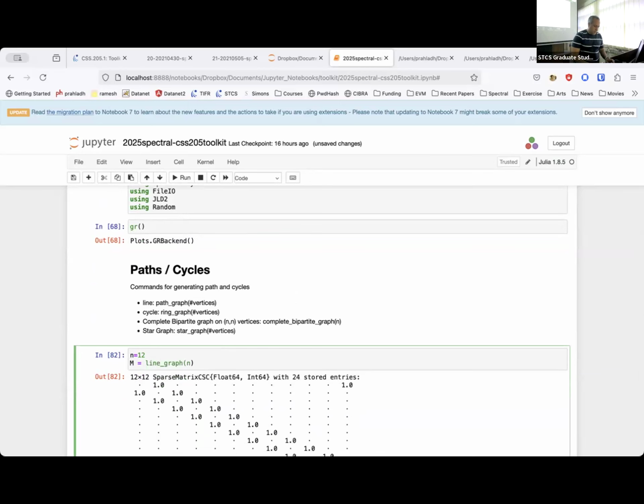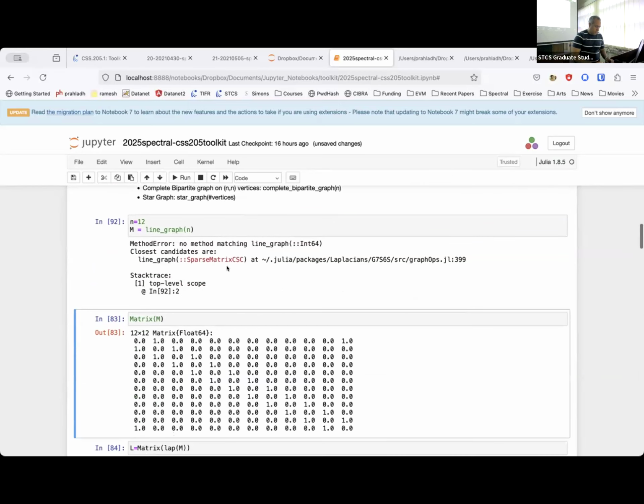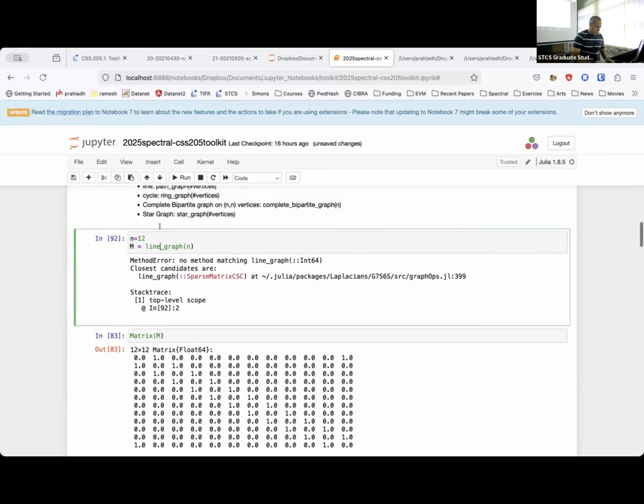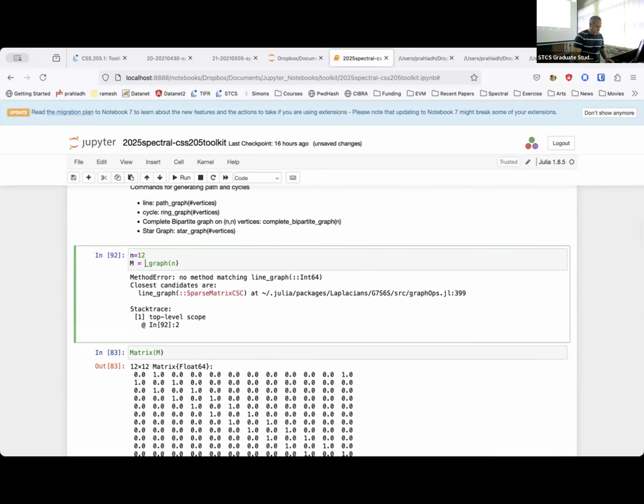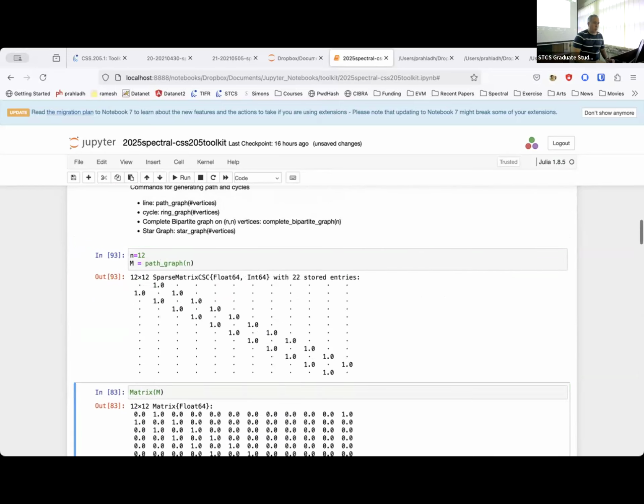Could you go over the last plot again? What exactly are you plotting? What does the eigenvector give you? An eigenvector gives you a real number for every vertex. It's n-dimensional, it gives you a real number for each vertex. That's the first eigenvector.